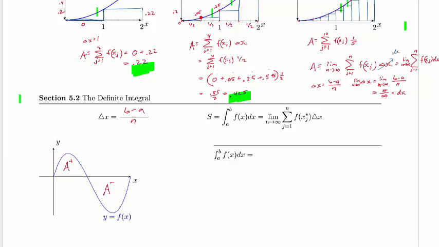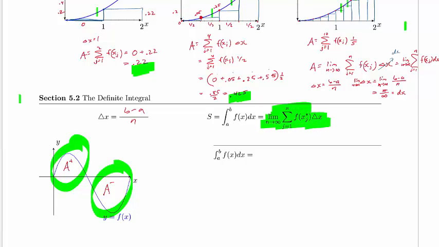So let's look at right here. This is the S, is our integral. What is an integral? An integral is the area in between the curve and the axis. The area here between the curve is a positive area, the area over here is a negative area. And so we're going to use this equation right here. That's the same equation we developed in the previous section, only now we have this fancy thing as a stand-in for us.